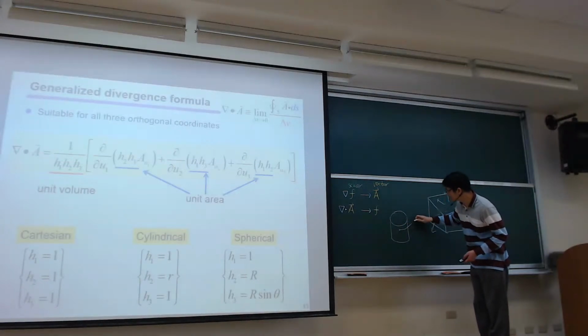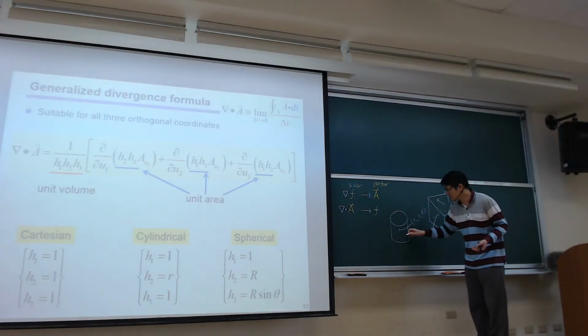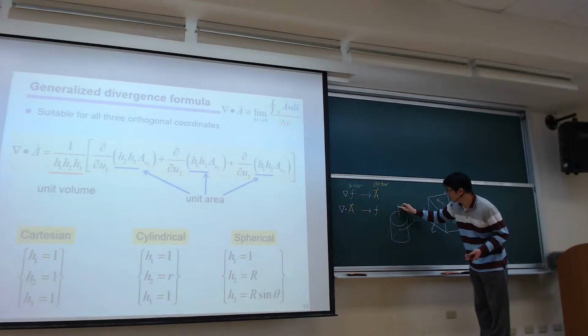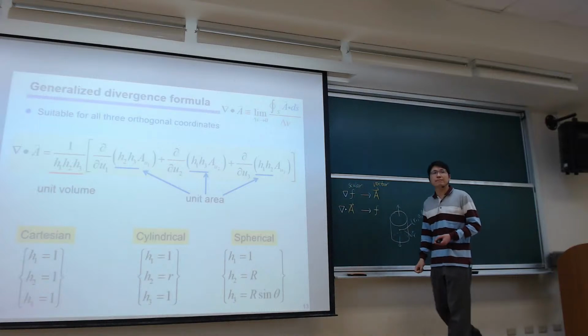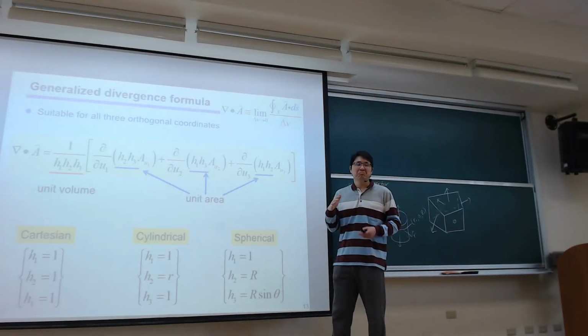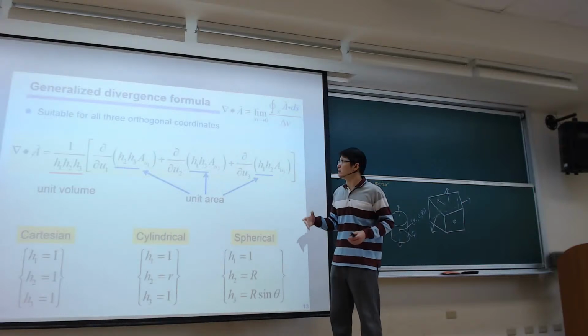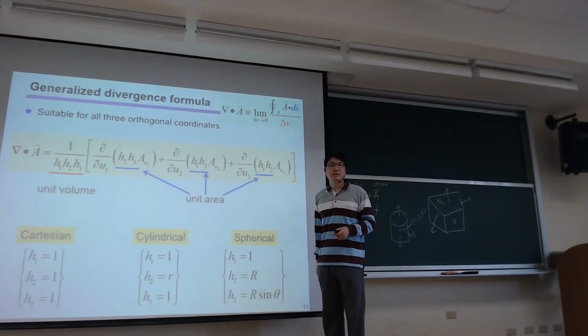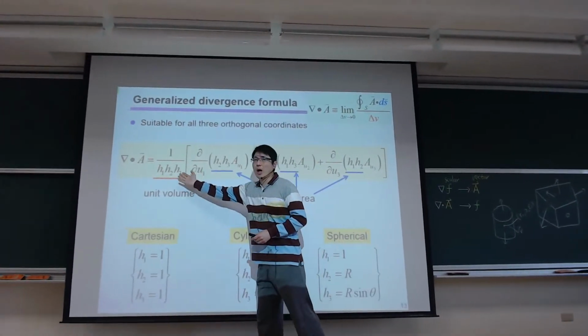So the center is r0, 0, z0. Somehow, you have only 3 surfaces. You have one surface going out, one going down, another surface having the r direction. Okay? So try to calculate the divergence and evaluate all the fields going out according to this definition. Right? And you will see whether this generalized expression holds or not.